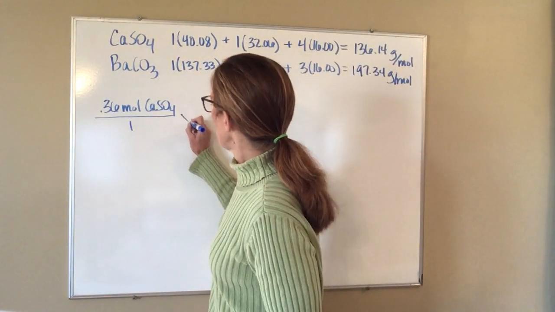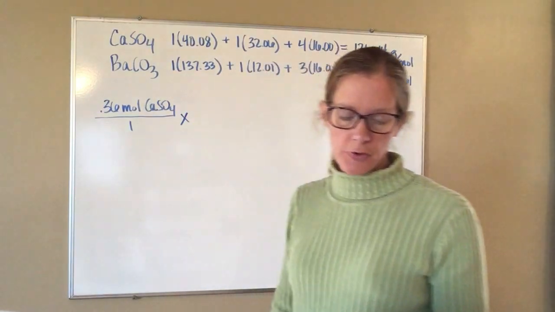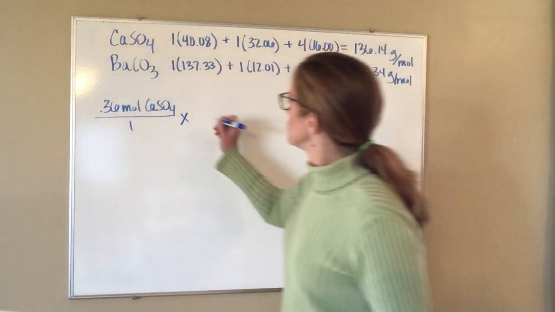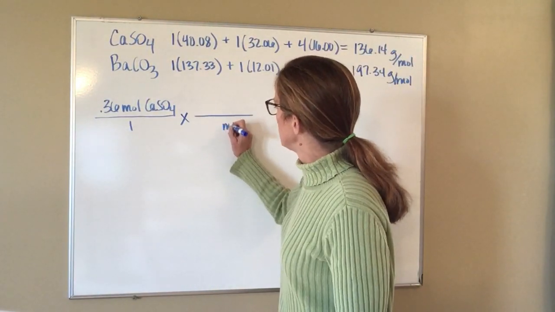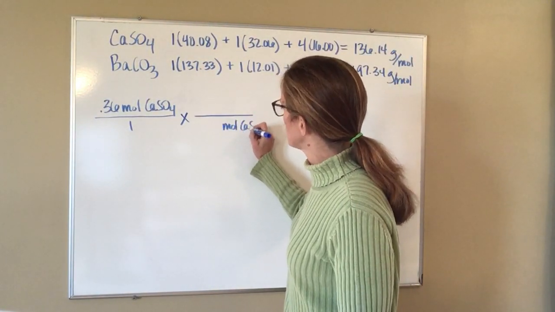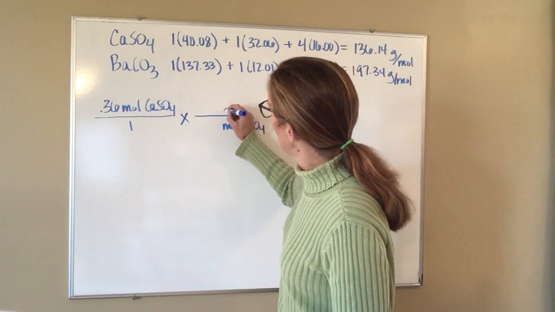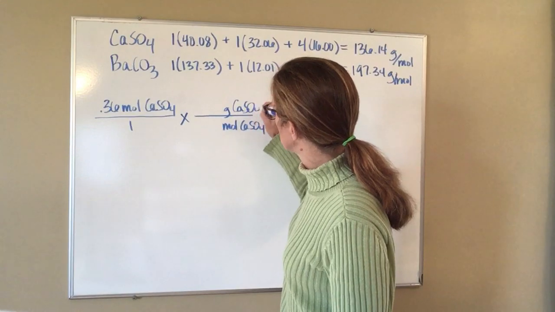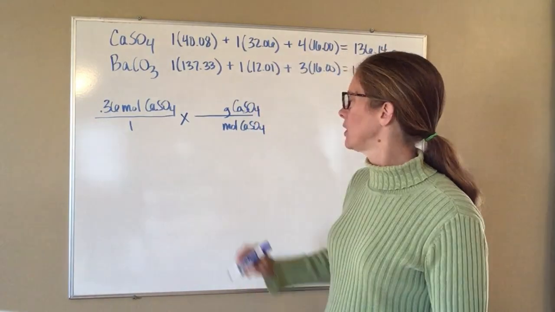Now, the problem is asking me to convert that to grams. I don't know how many grams that's going to be. So what I need to do is I need to get rid of moles of calcium sulfate on the bottom. I need to change that to grams of calcium sulfate, which is what I'll put on the top.